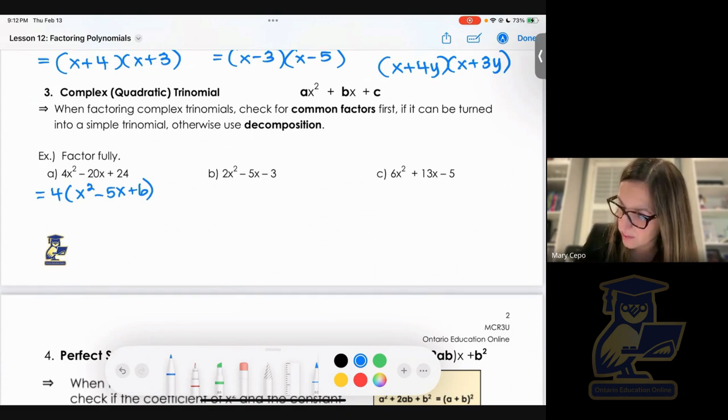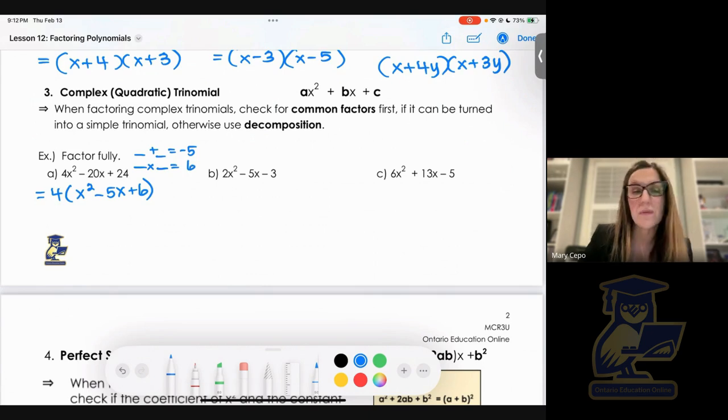So in this case, the middle term is my sum, and the last term is my product. Thinking of two numbers multiplied together to give you +6, those same two numbers added together to give you -5. So we know when the product is positive and the sum is negative, both numbers have to be negative.